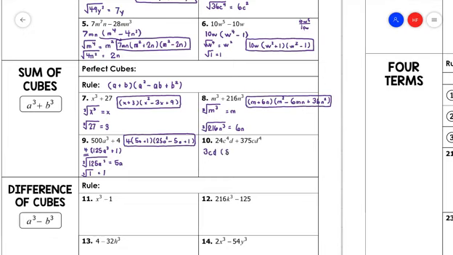We're left with 8c cubed plus 125d cubed. We'll take the cube root of each of the terms on the inside of those parentheses. And then we have 2c and 5d.